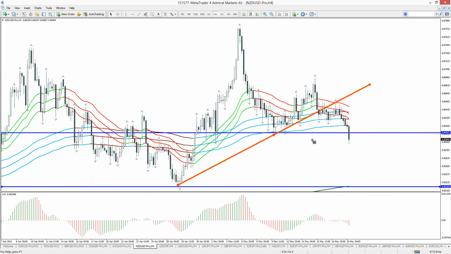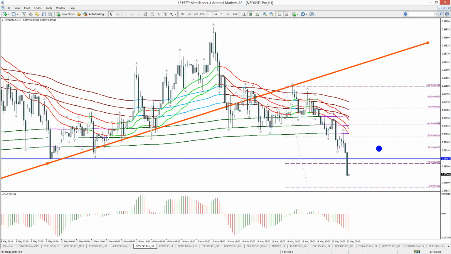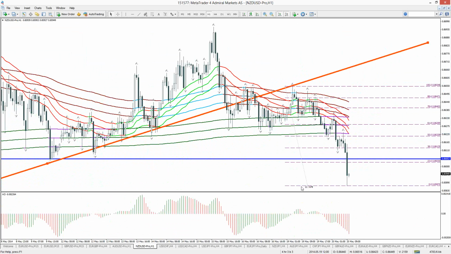Putting a fib on that downside like this, excuse me, and waiting for a hook back probably would be the best, because here too a hook back would seem likely.